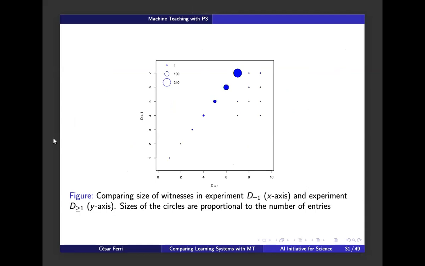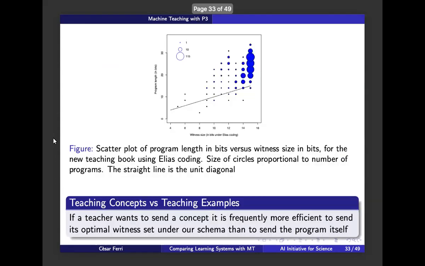So this is another experiment, in this case with a teaching book with only one pair, and there is something quite interesting in this plot. This line is the diagonal, and here we show that there are many concepts, most of them, for which we find that it's cheaper to send the witness set than to send the program.